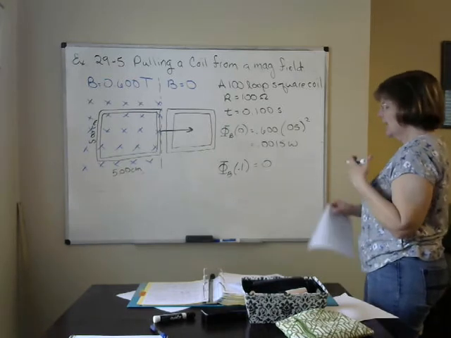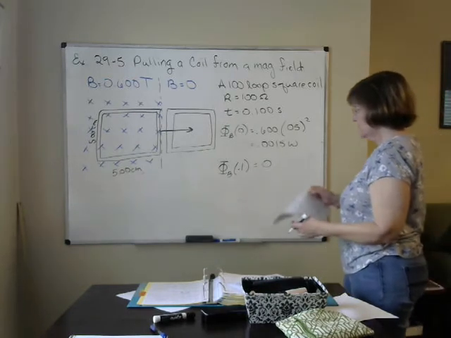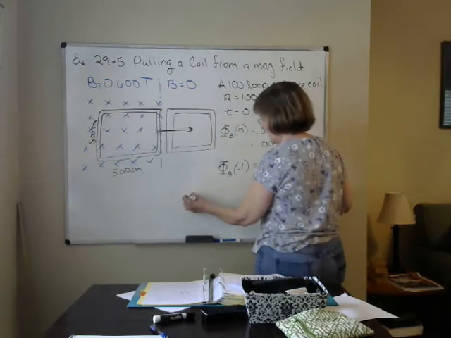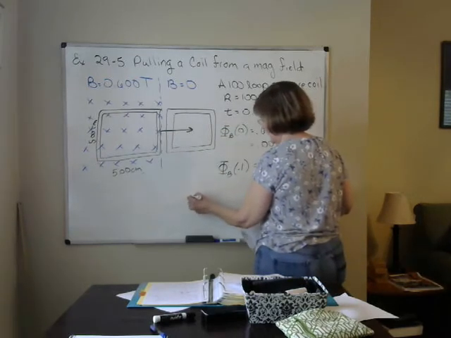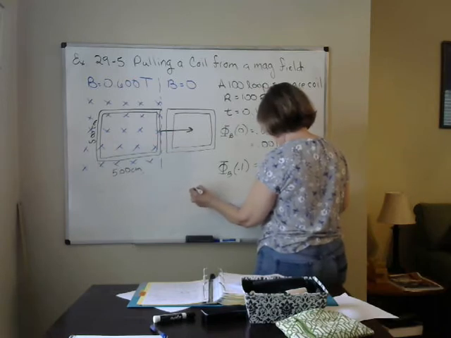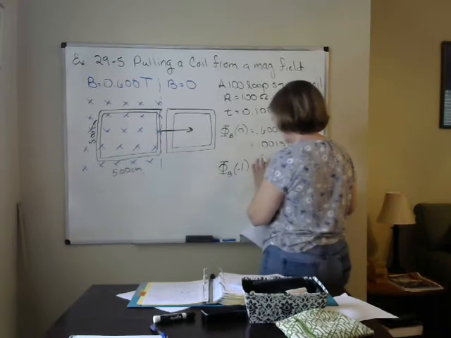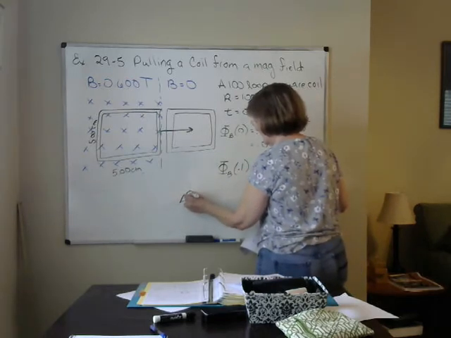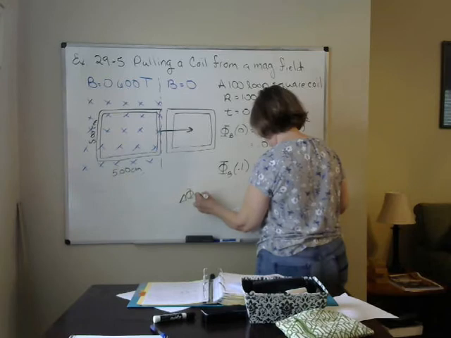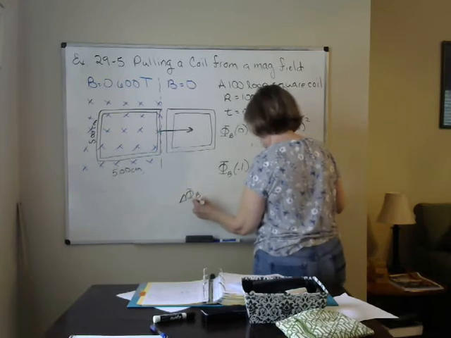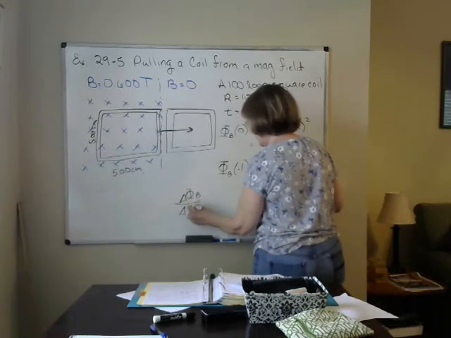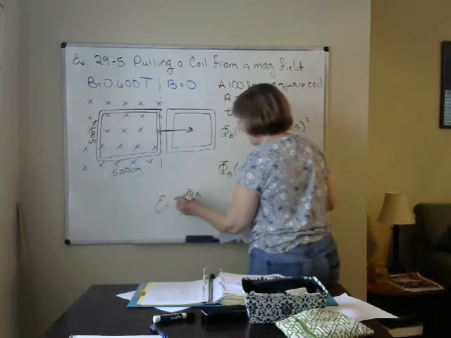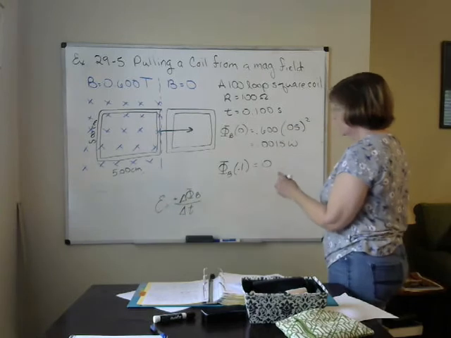I want to find the average change in flux, and I'm going to do it right here. That change in flux is going to be the final minus the beginning, and I'm going to do it per unit time. This is my induced EMF, negative change in flux over change in time.